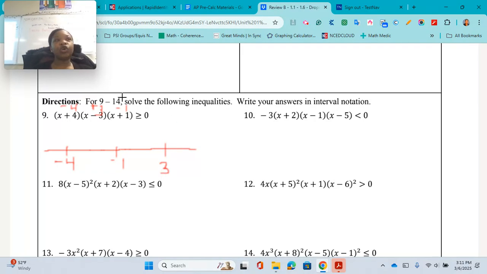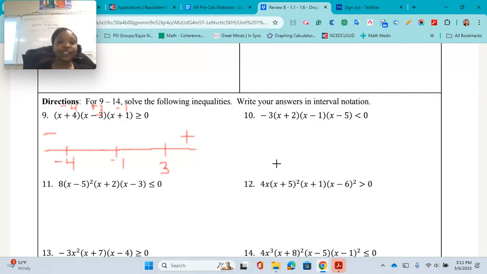So because the leading coefficient is positive, on this side, this will go up. Because the degree is odd, this side will go down. Leading coefficient is the number in front of the highest degree. So it will be based off of x, this positive x, this positive x, and positive x, and anything positive times positive is positive.